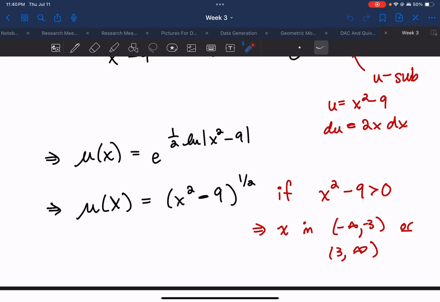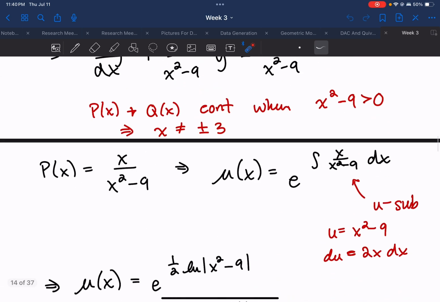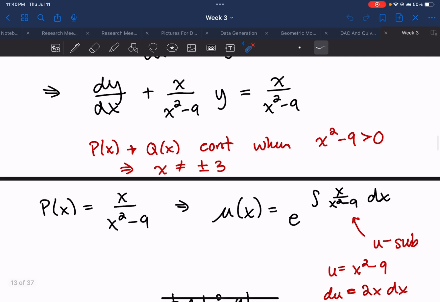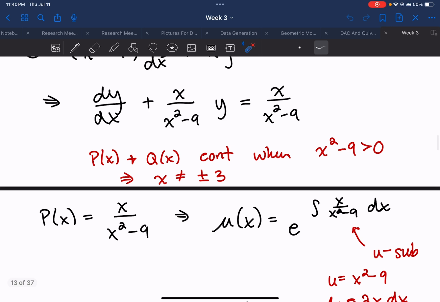Now, if x squared minus 9 is positive, really, why does it need to be positive? I think it just needs to be non-zero. It doesn't matter here.